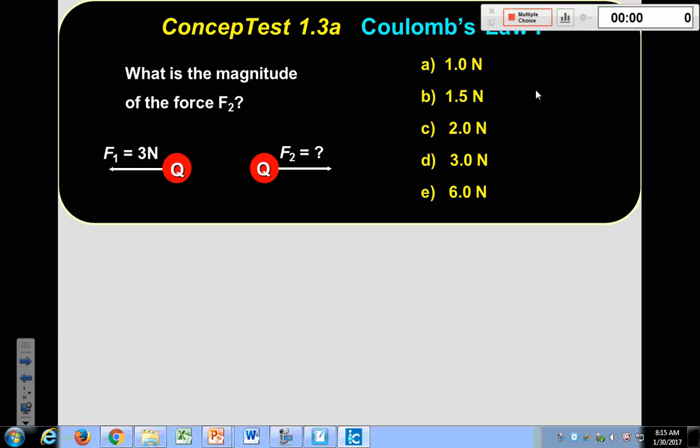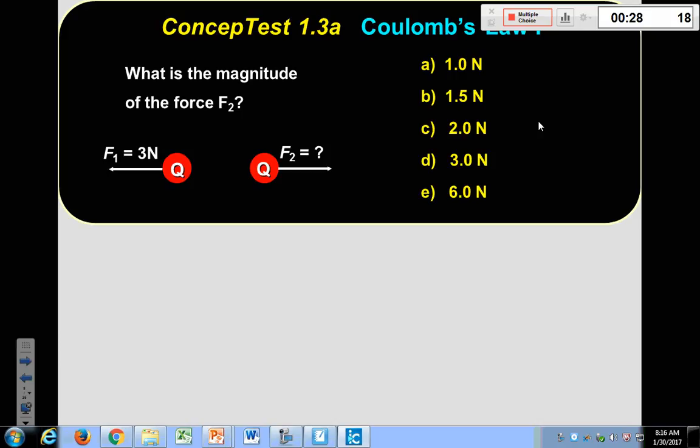Okay. All right. What is the magnitude of the force F2? So that's F1 here. What is F2 equal to? All right, let's stop at 30.